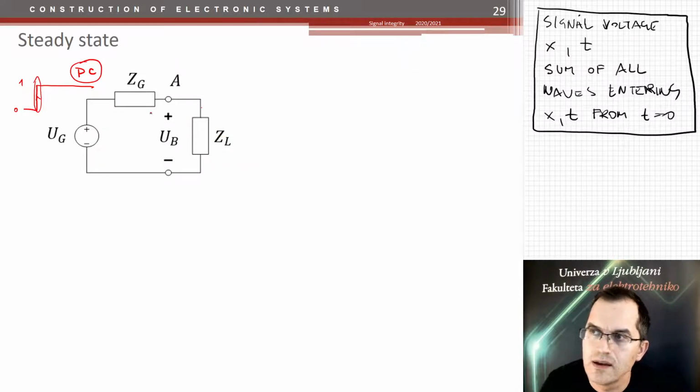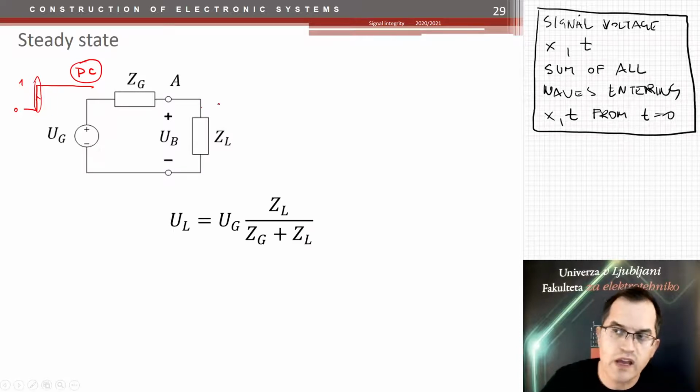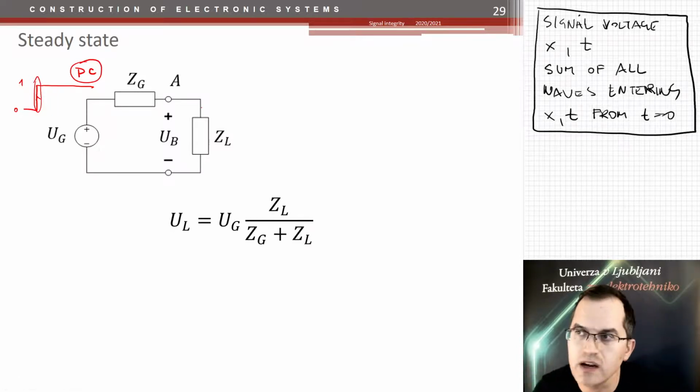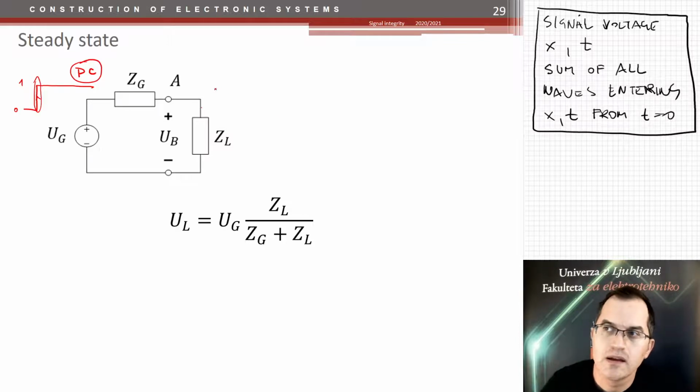What's that? It's a voltage divider. So we have a simple normal voltage divider. At the end, the transmission line is no longer there because we have DC conditions. The final voltage, after everything bounces back and forth, is just DC voltage, determined by the generator and the load impedance and nothing else. Actually, the resistive part, the real part of that.